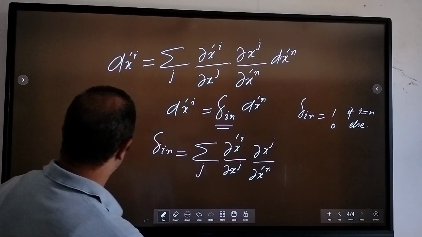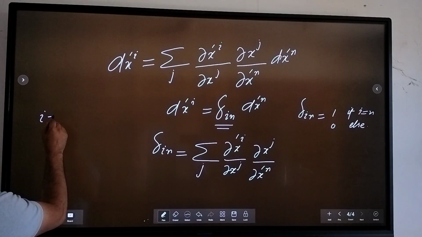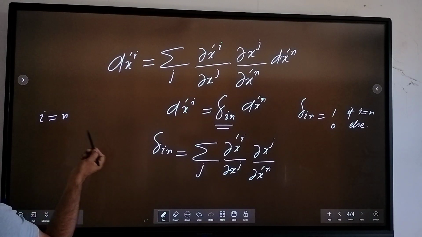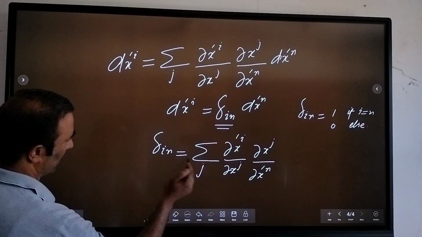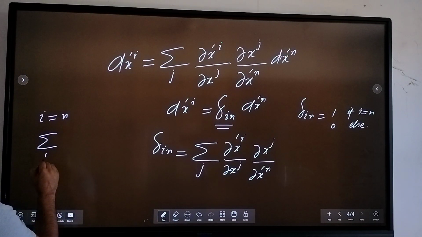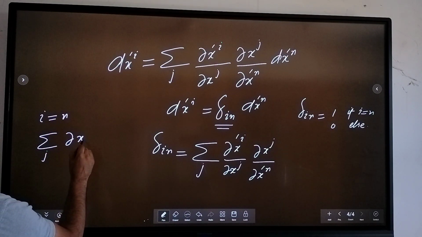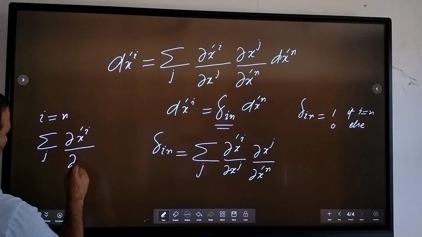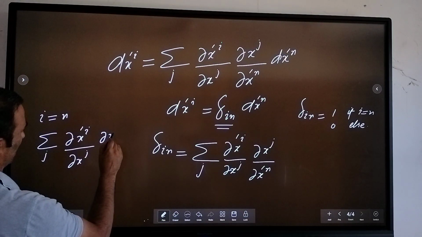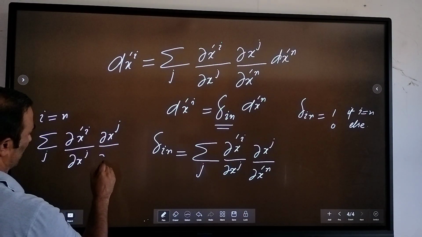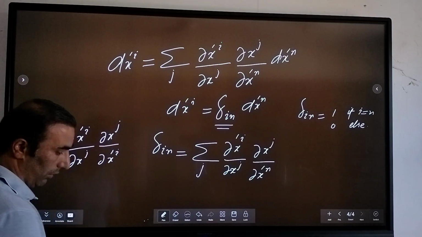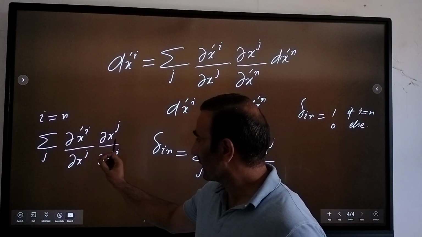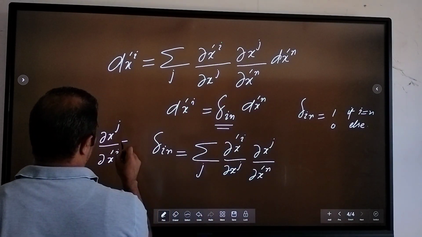If i equals n, in this equation this will be equal to summation over j of partial x prime i by partial x_j times partial x_j by partial x prime i. Is this clear? Because here i equals n, this and this will cancel, this and this cancel, so this is equal to 1.